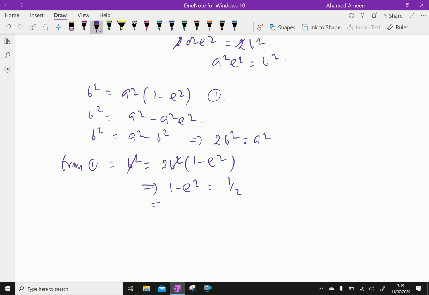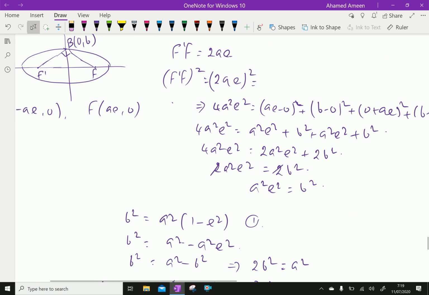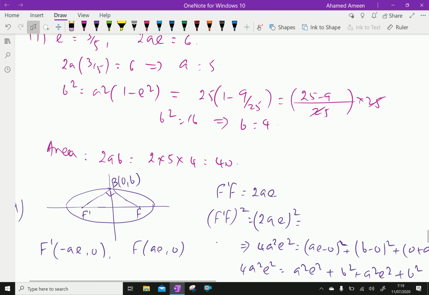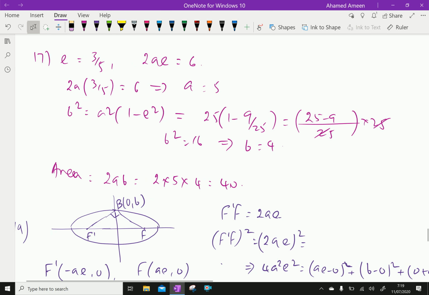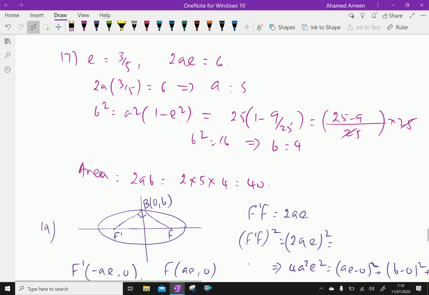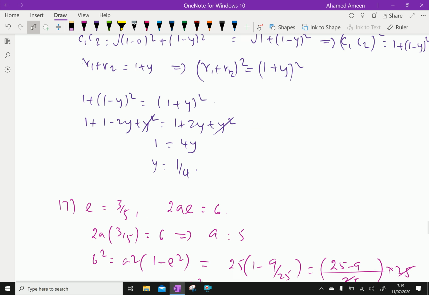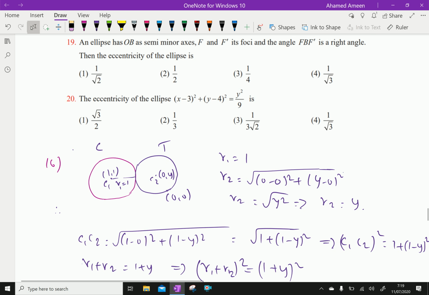Further 1 minus half equal E squared, which is equal to the square root of 1 minus half, which is half, which is 1 over root 2. So the eccentricity we got is 1 over root 2. Question number 19 is 1 over root 2, option 1.